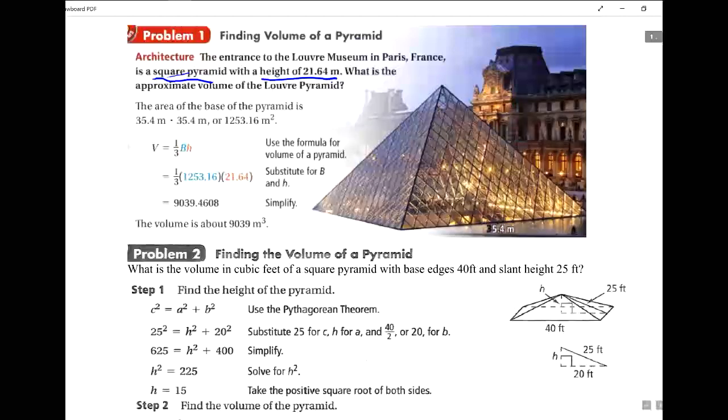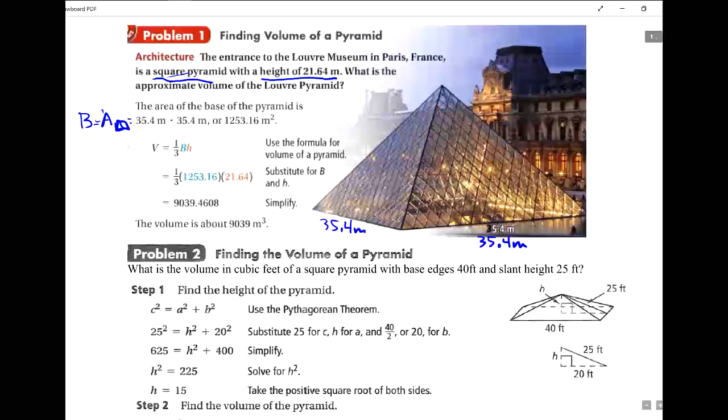So to find the volume, we first find the area of the base. The area of the base is just the area of a square, right? And so we know that right here we are told this side is 35.4 meters. We multiply that by another 35.4 because it's a square.